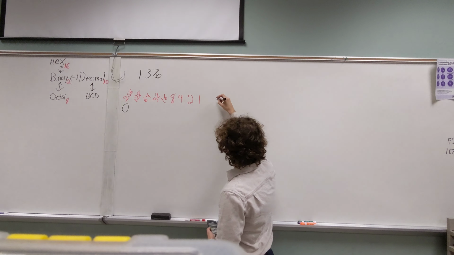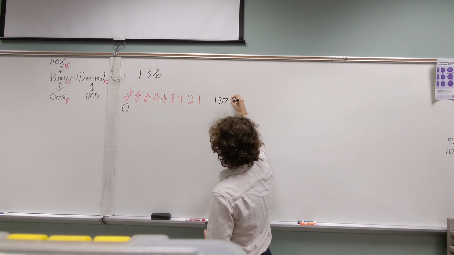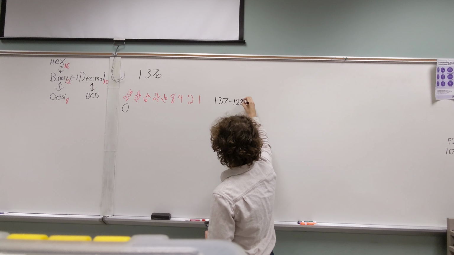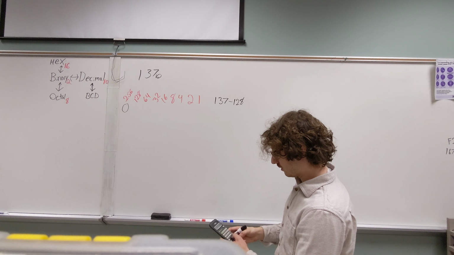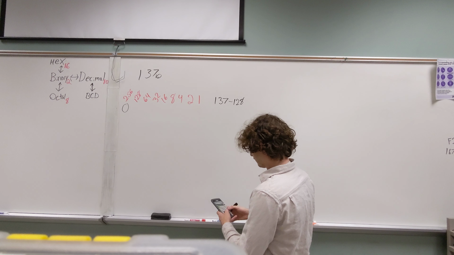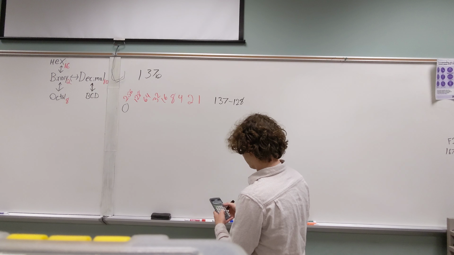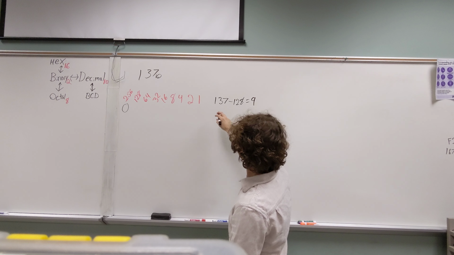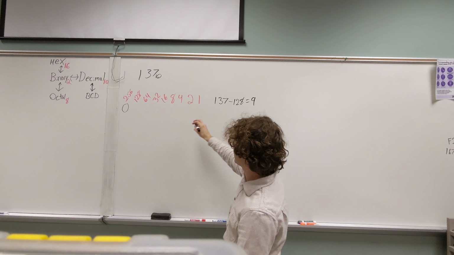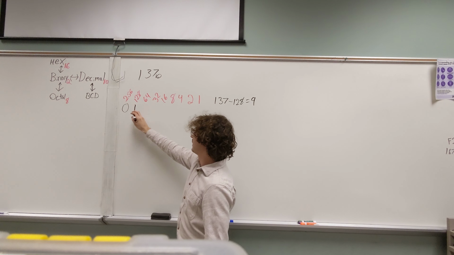If I do 137 minus 128, that's going to leave me with 9. So, since I actually subtracted that 128, I'm going to put a 1 in that place.